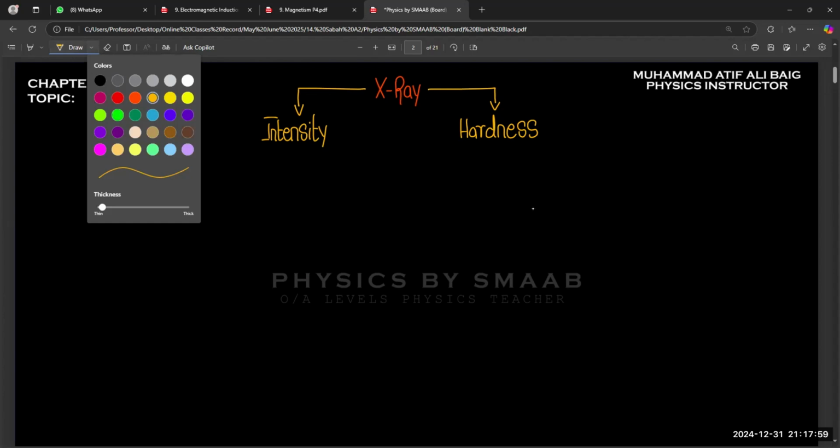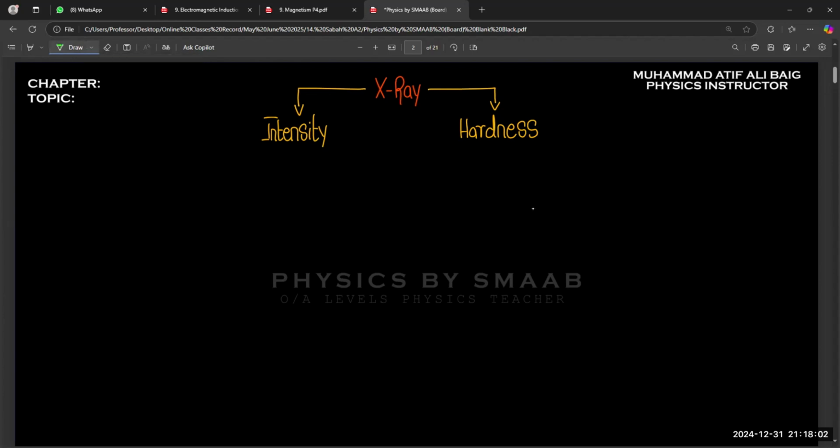So intensity means the number of X-ray photons. When we are talking about the intensity of X-rays, we are talking about the number of X-ray photons. And secondly, when we talk about hardness, hardness depends upon the energy of an X-ray photon.